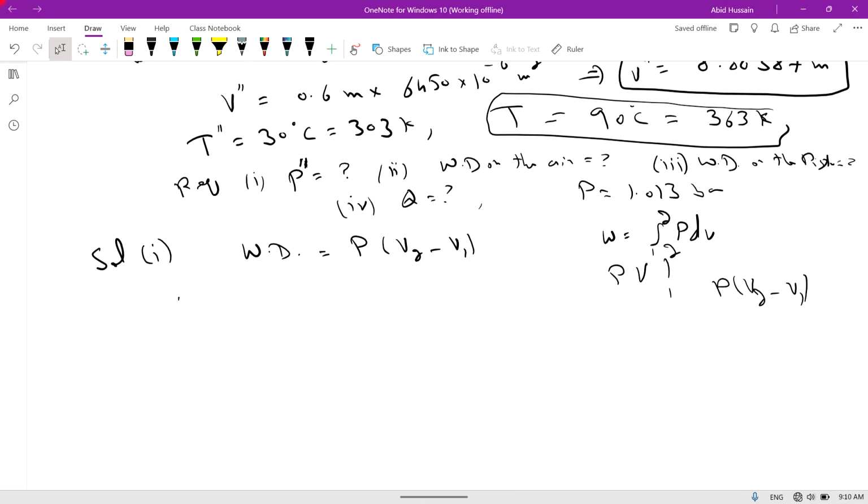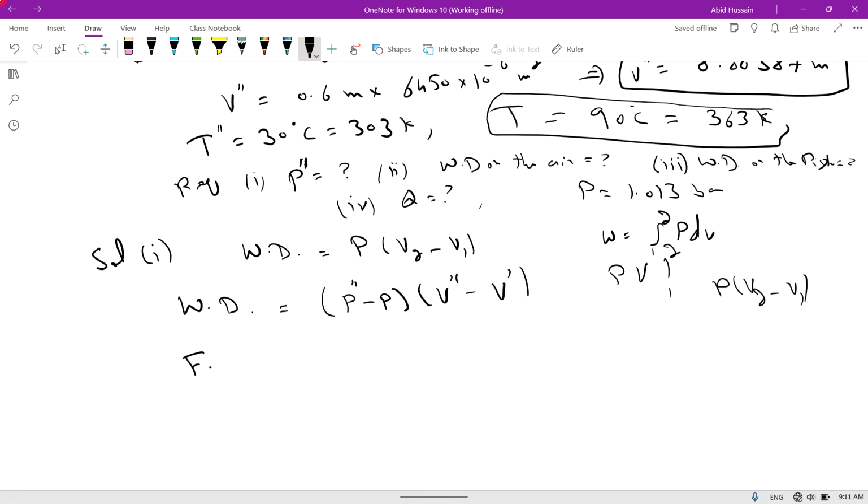And there is the effect of atmospheric pressure, so I write this as: subtract atmospheric pressure from the final pressure, P double dash minus P, into V. I can write V2 as V double dash and V1 as V dash.